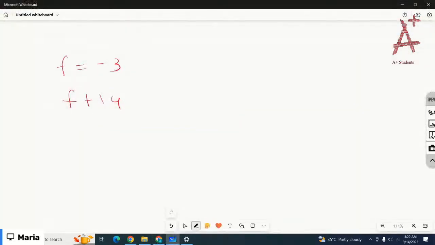Just replace the f with the value: -3 plus 14, right? You are adding a positive and a negative number, so you have to subtract them. 14 take away 3 is 11, and 14 is a positive number, so the answer must be positive, right?